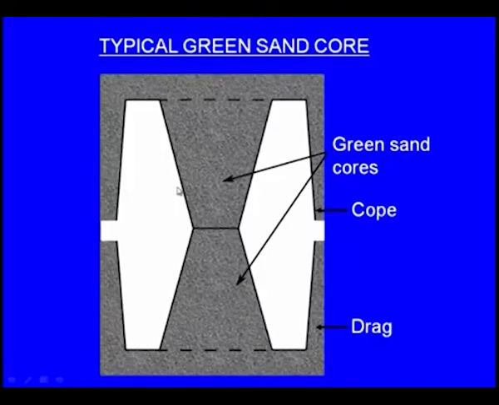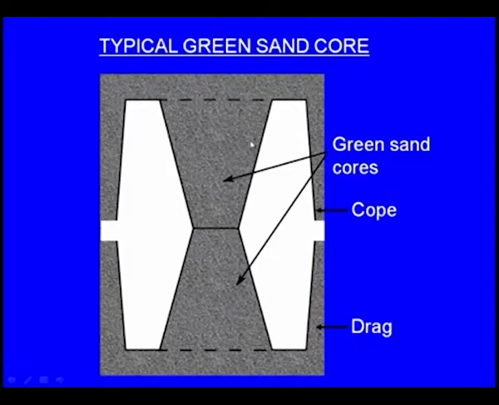Means these cores are not manufactured or made separately. While we are making the green mold, at that time itself this core is formed, but still it is forming an internal feature. That is why it is known as the green sand core. Here we can see this is the typical green sand core, and this is the drag and this is the cope.